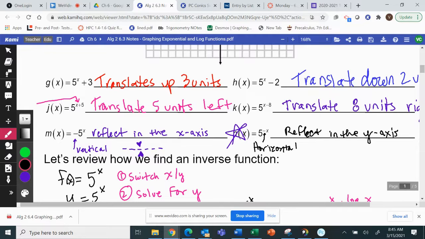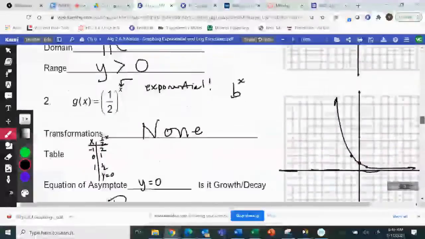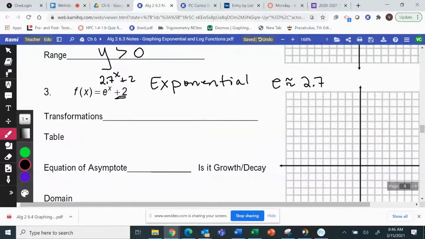Up, down, right, left? No, it does not do left. Left would be if the number was in the exponent. This number is not in the exponent. It's e to the x plus 2.